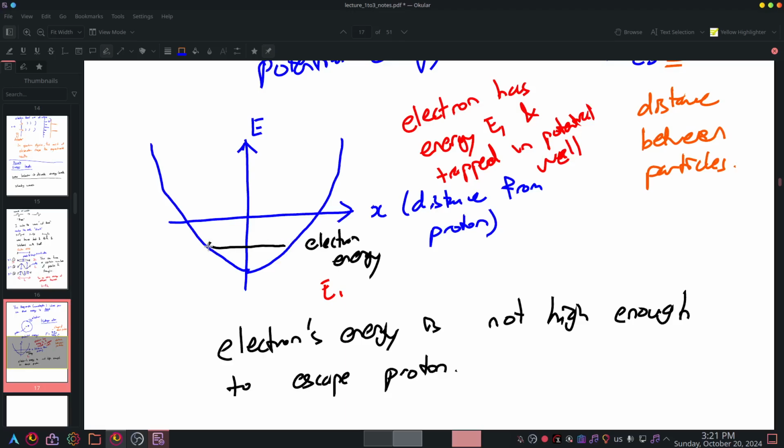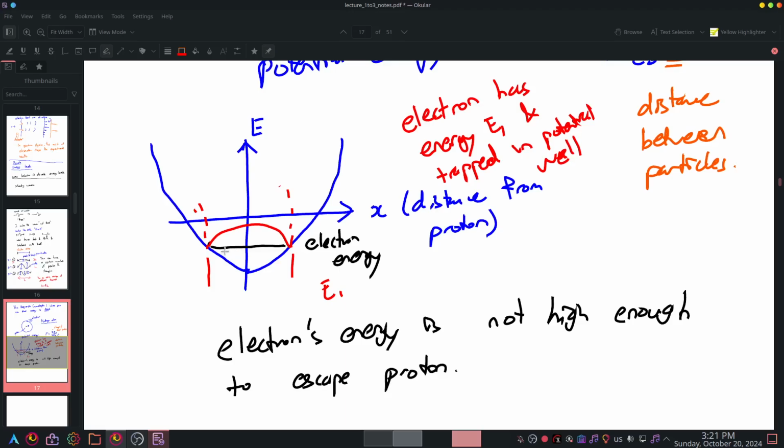We have vibrations like this, and they will be restricted by how much energy this electron has, and of course these bounds here.